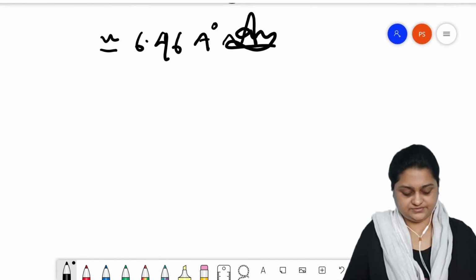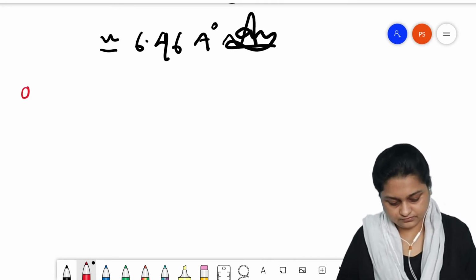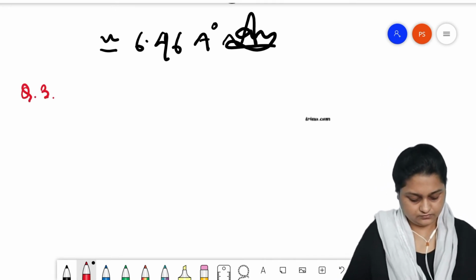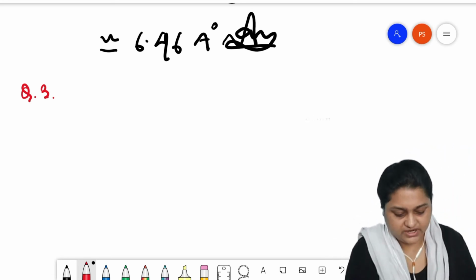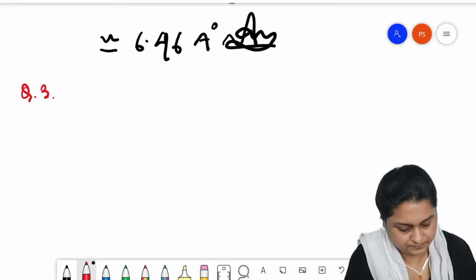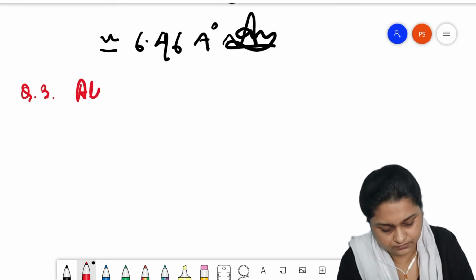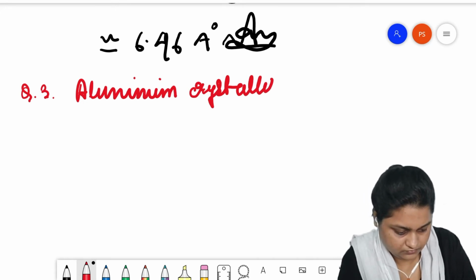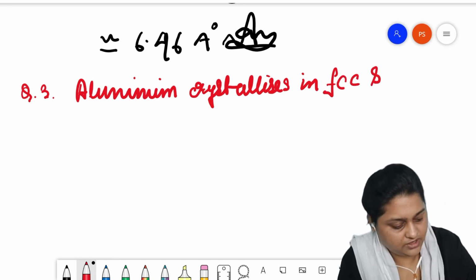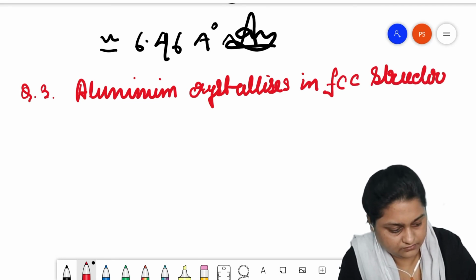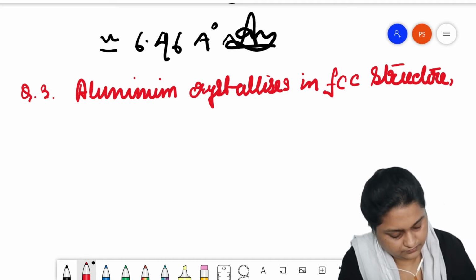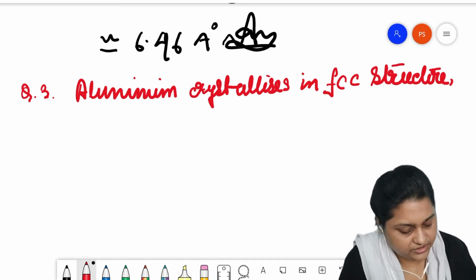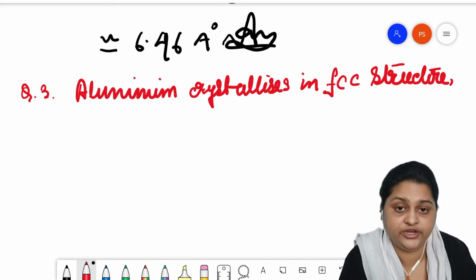The next question is: aluminium crystallizes in an FCC structure. Atomic radius of the metal is 125 picometer.